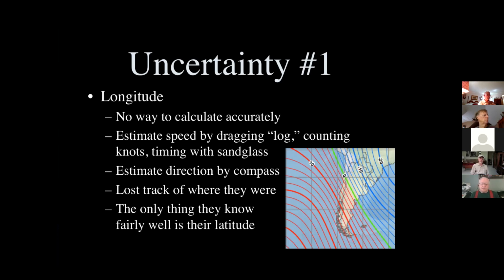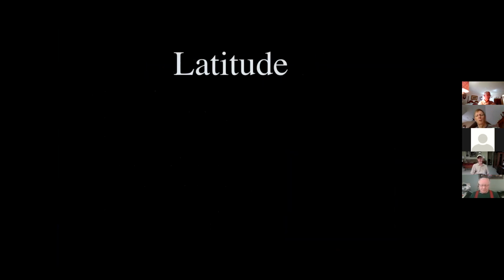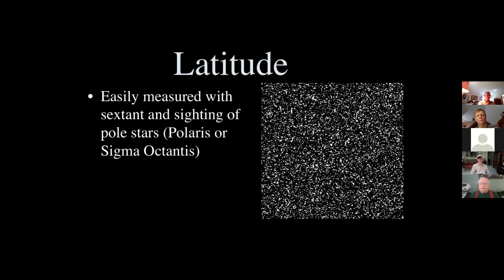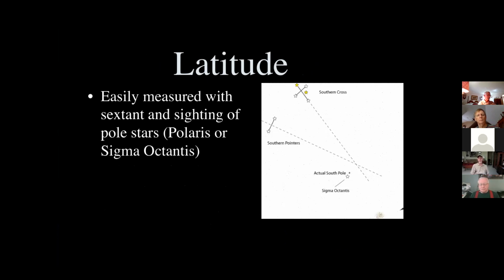And the only thing that they're able to figure out fairly well is latitude. And there's a reason for that. Latitude is fairly easily measured. You use a sextant and you sight one of the pole stars. Now, up in the northern hemisphere, you would sight Polaris, or the so-called North Star, but you can't do that when you're south of the equator.